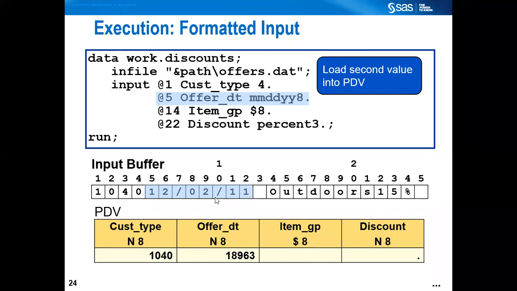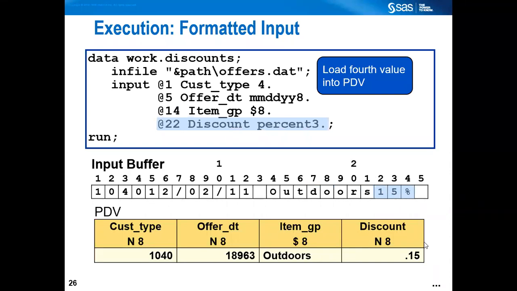Because of the width 8, it will read the values for your column offer date, converting into a SAS date. Next is @14, the 14th column directly, because you have skipped 13, which was blank. @14 is item group, which is character with width 8, so you get this value. And then @22, you get discount with percent 3 dot, converting it into a number.